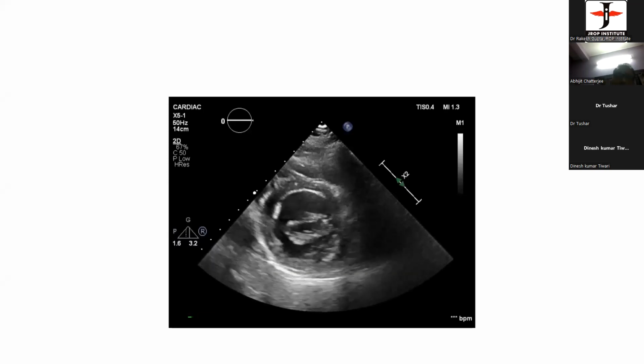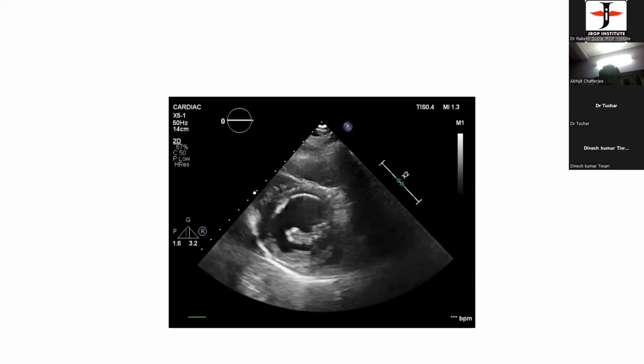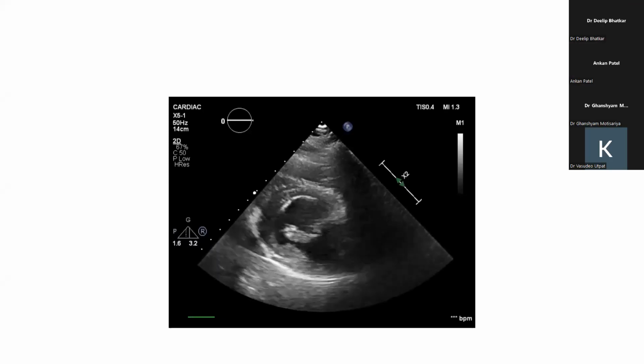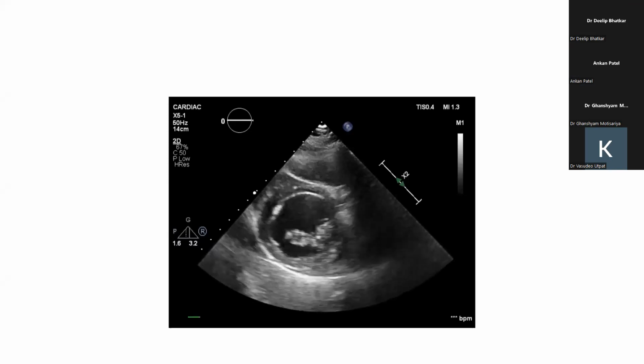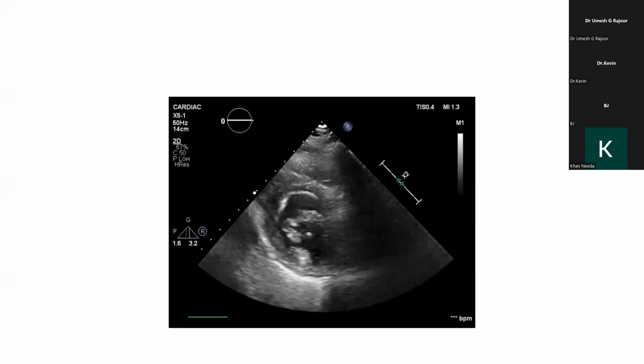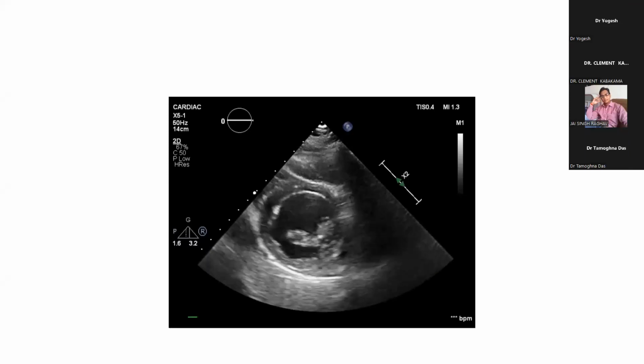Dr. Ankan, this is a short axis view of the mitral valve. I want to assess the valve area by planimetry. What are the steps that you take?